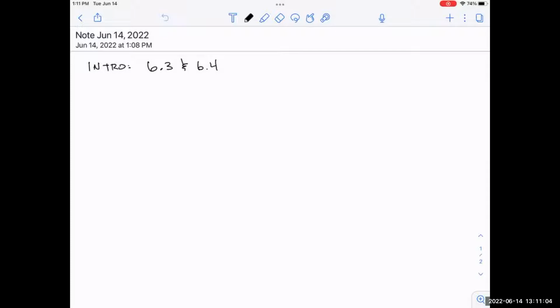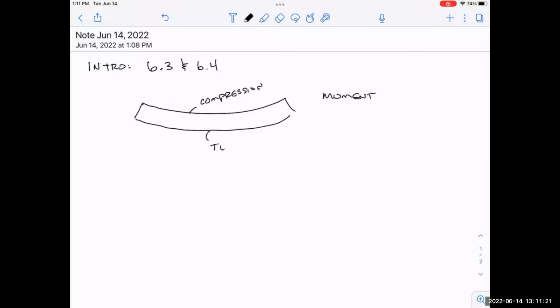So the main thing is this: when I put moment on a rectangular beam like this, I'm going to have compression on the top, and I'm going to have tension on the bottom. And make sure you understand that literally means it's getting shorter and longer.